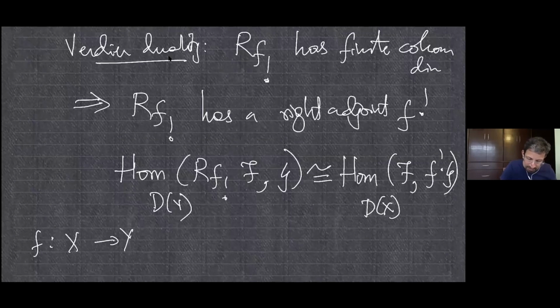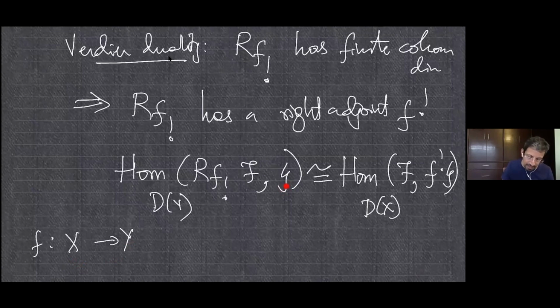These are constant sheaves, and Y is a point. If you make these assumptions, then you will see that what you're getting is Poincaré duality, because Rf lower shriek is simply taking cohomology of the constant sheaf. So that is your singular cohomology, and this is the dual of that.